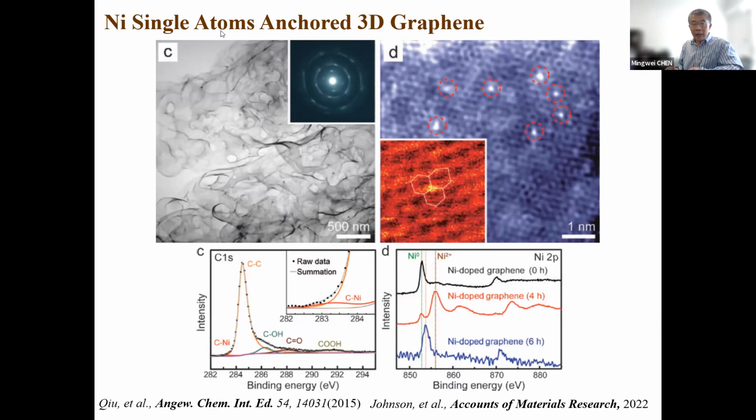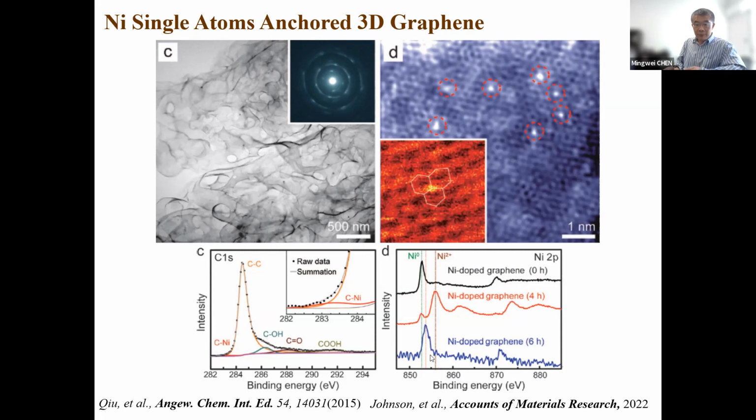For the single atom catalyst community, we face the challenge of increasing the loading amount, right? You need to load a large amount of single atom catalyst into your support. But because graphene itself is lightweight with a large surface area, we can dramatically increase the loading amount, giving high catalytic performance for those single atom catalysts.